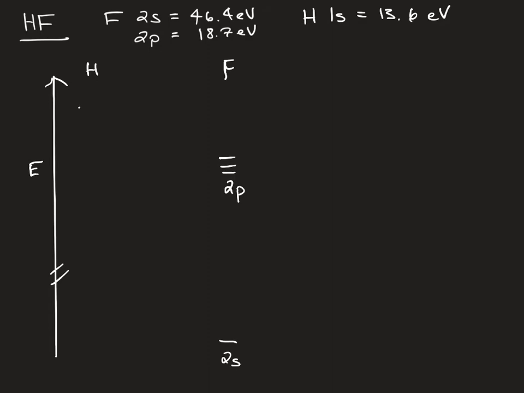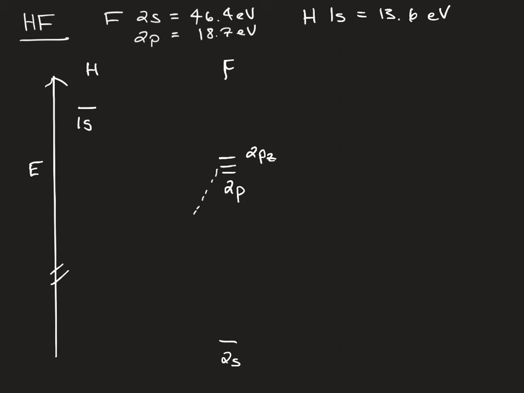Up here, we have the hydrogen 1s orbital. Going through and combining these, it's the 2pz orbital on fluorine that has the appropriate symmetry to overlap with the hydrogen 1s orbital. I'll be drawing this out in a second.